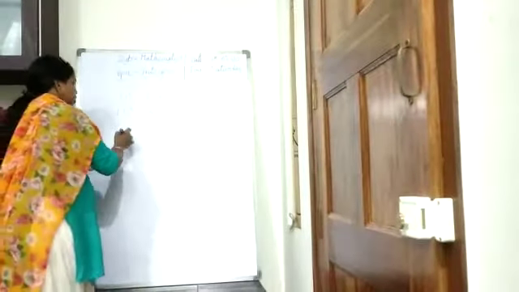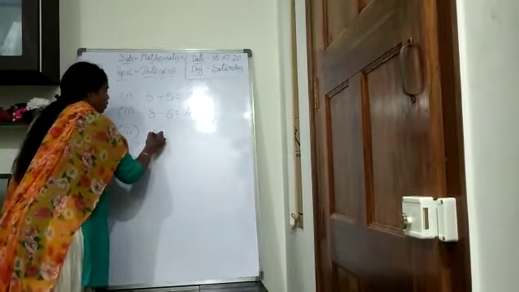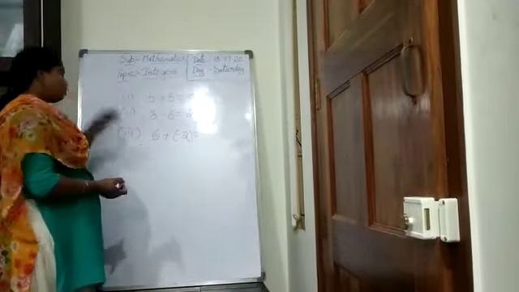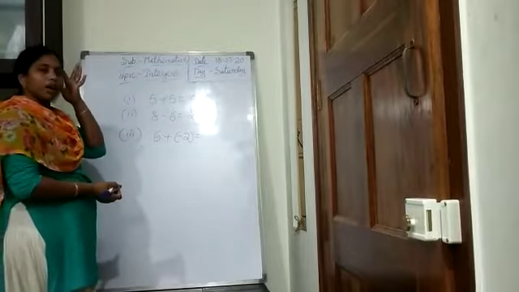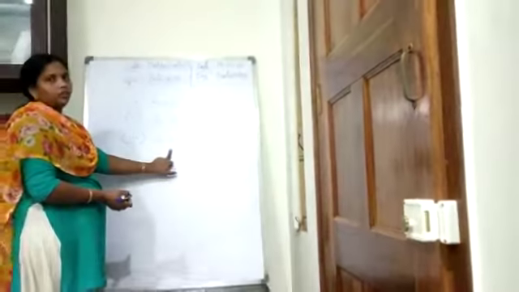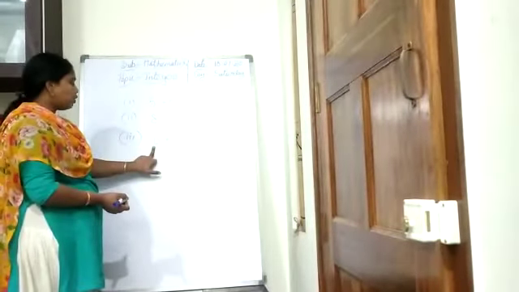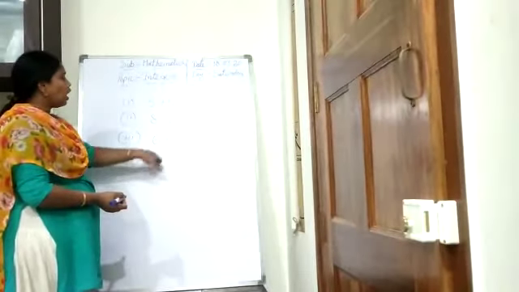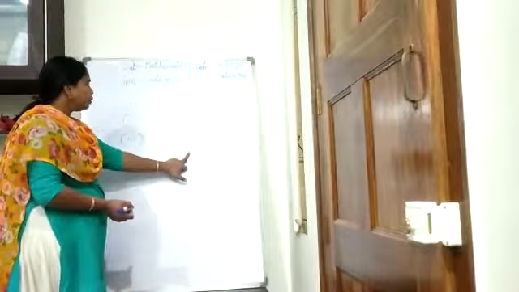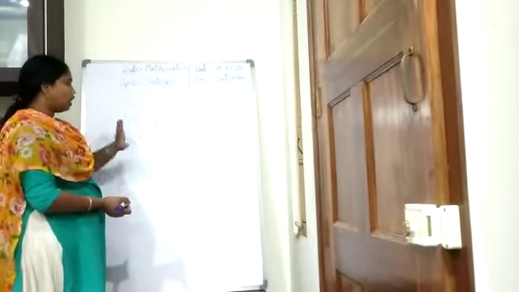But in other cases, for example, 6 plus minus 2. How will you solve this? This is an addition. The first number is a positive integer. The next one is a negative integer. When both are positive integers, you know how to do addition and subtraction.